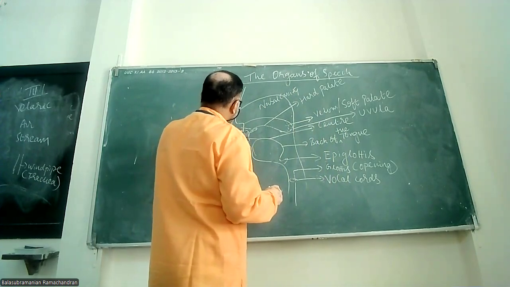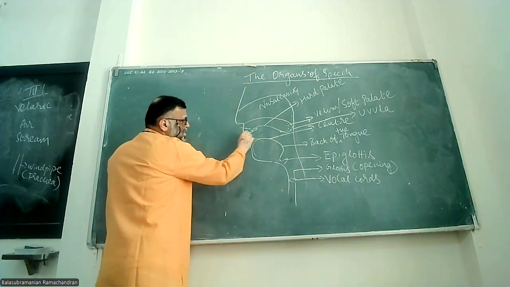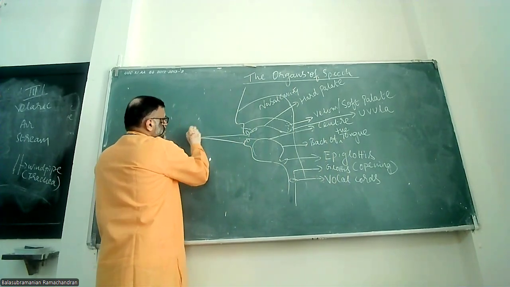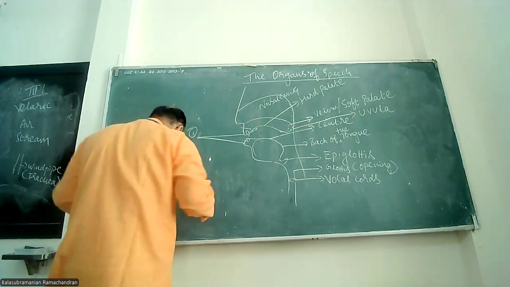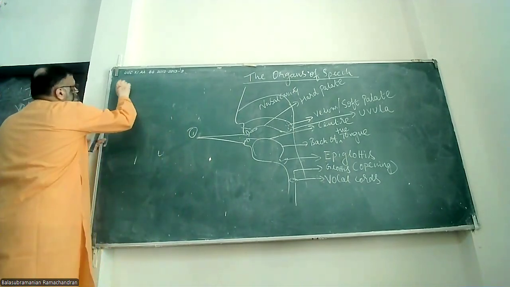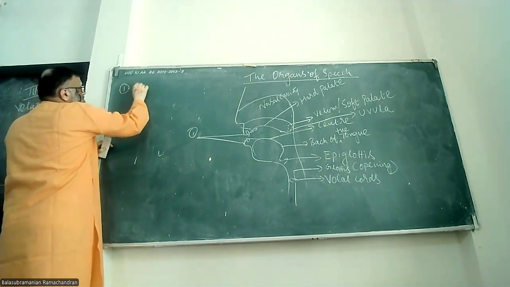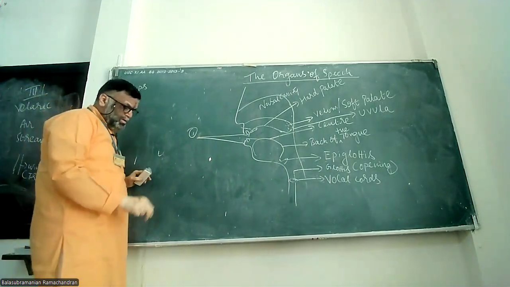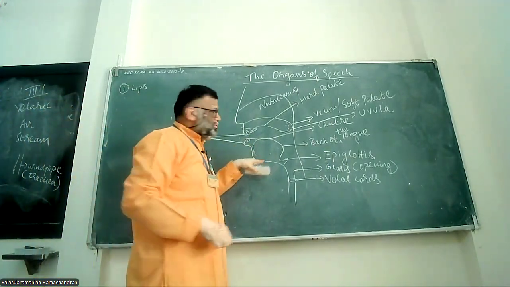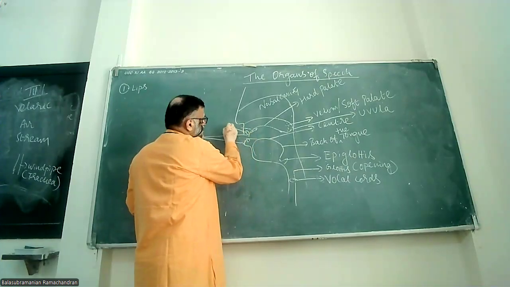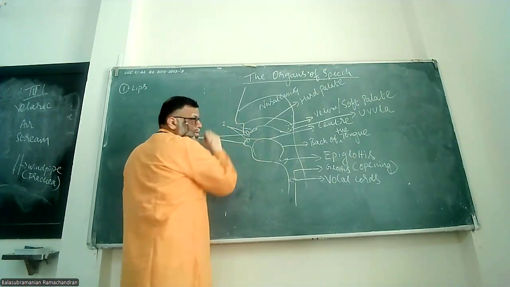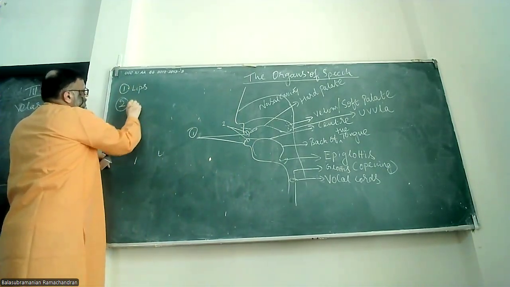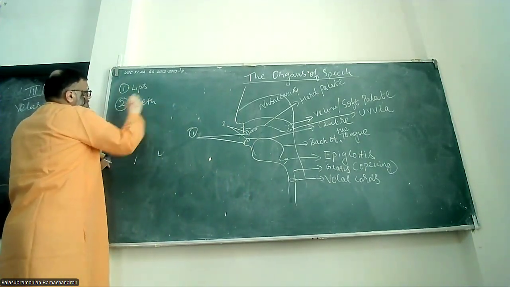For example, I start with the lips. This I call 1. I'm going to write it here: 1 is the upper lip and lower lip. Then 2, the upper and lower teeth.